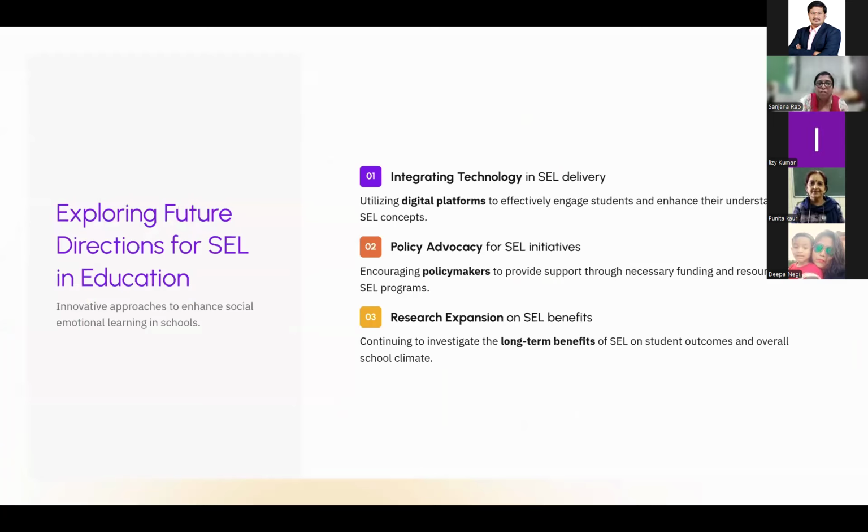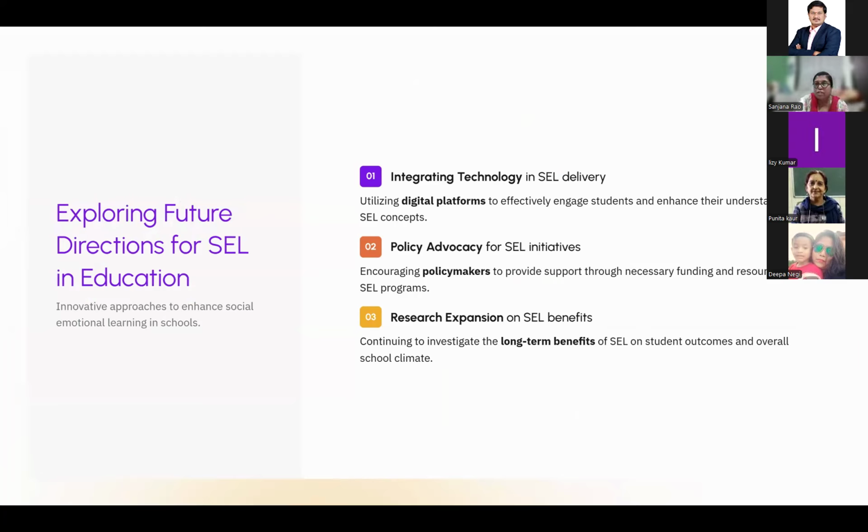So, exploring future directions for social and emotional education in education. These integrated technology and digital platforms, the students have to be engaged effectively, and the concept has to be understood by the student.